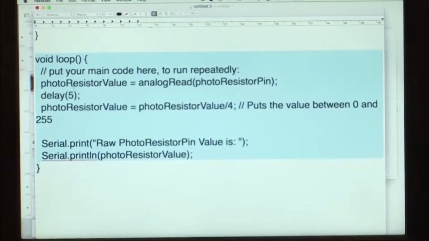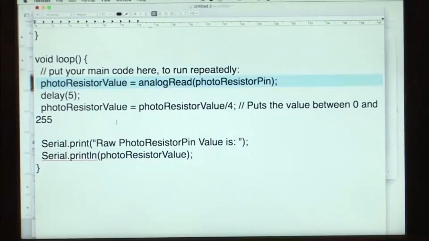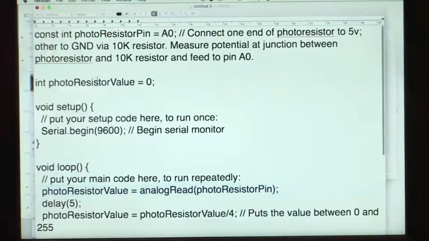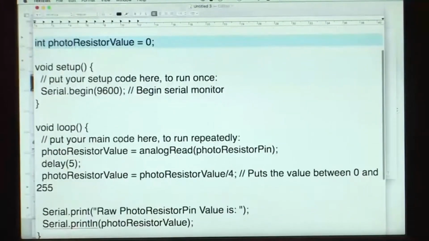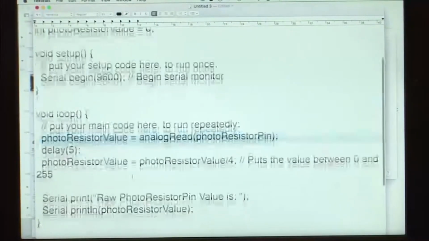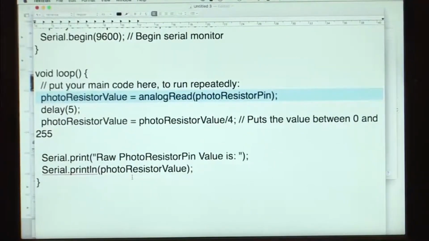Here we have set photoresistorValue to be analogRead of the photoresistor pin, and then we have put a small delay of 5. Now, this photoresistor value will go from 0 to 1023.